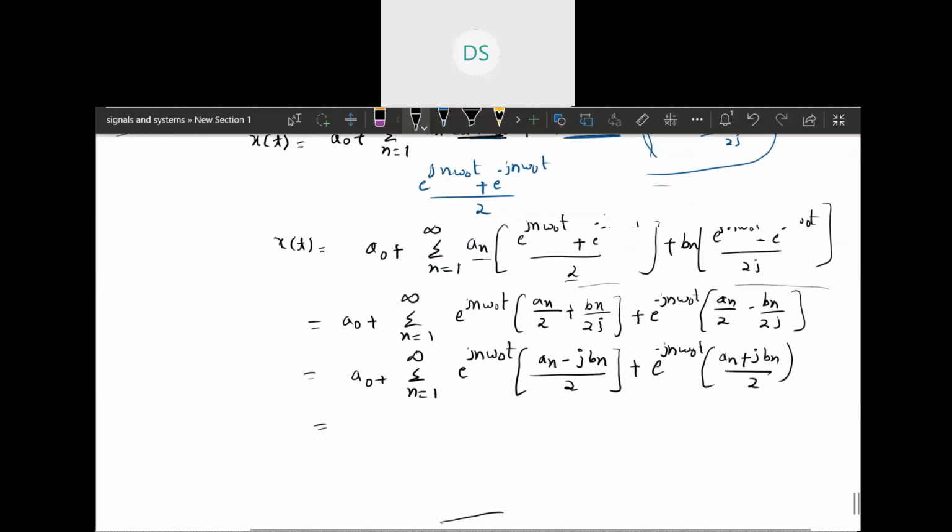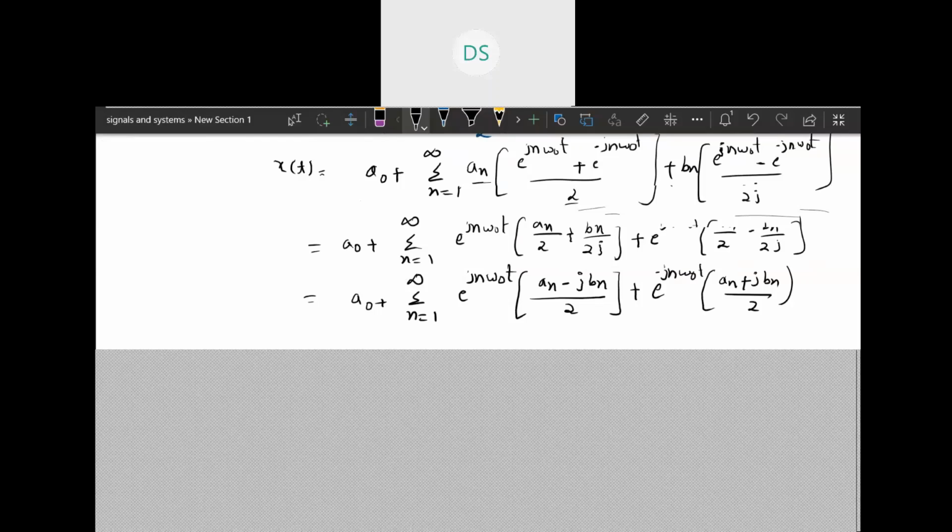I am writing a naught plus all this term I am considering as a cn. If it is cn, the conjugate of this one can be written as c minus n. Okay, an plus this term is denoted with the cn and this term is denoted with the c minus n.